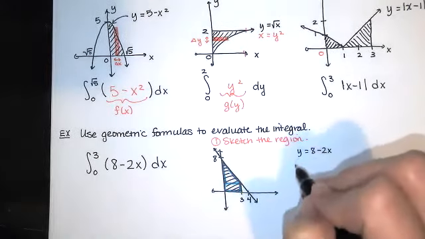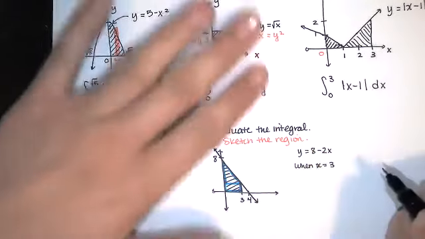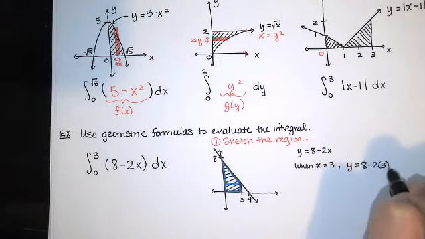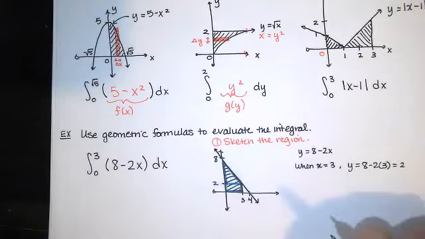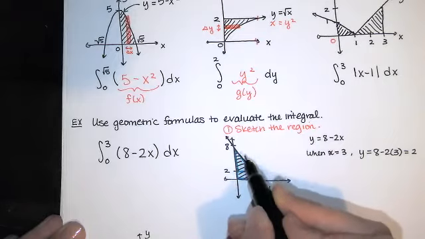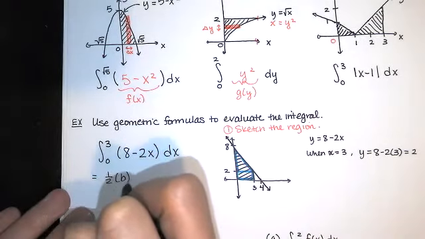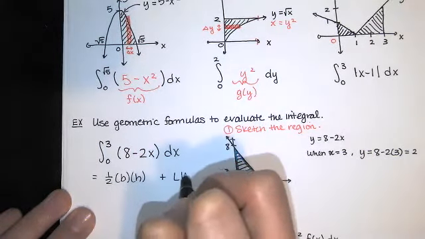When x equals 3, y is equal to 8 minus 2 times 3, so y is equal to 2. Okay, so if I am finding the area of that triangle at the top, that's 1/2 base times height. And this rectangle in the bottom is just going to be length times width.